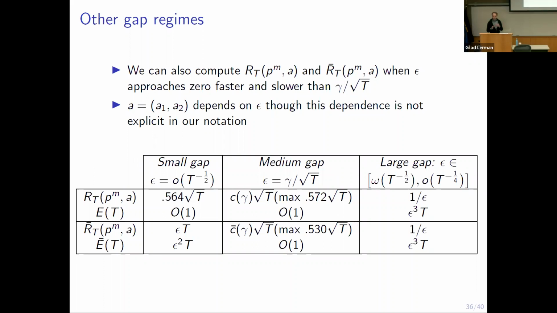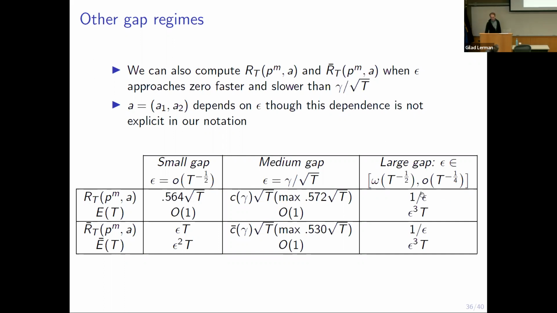So this proves without resorting to information theory that in this regime, the gap is not detectable. The player cannot do better than just splitting the population in two and pulling one arm half the time and the other half.